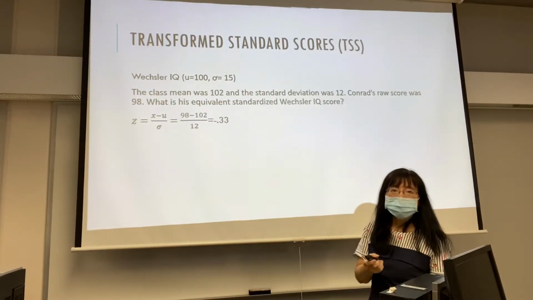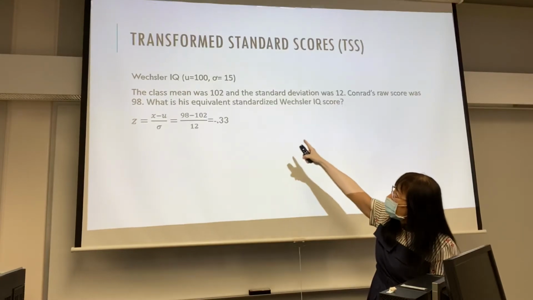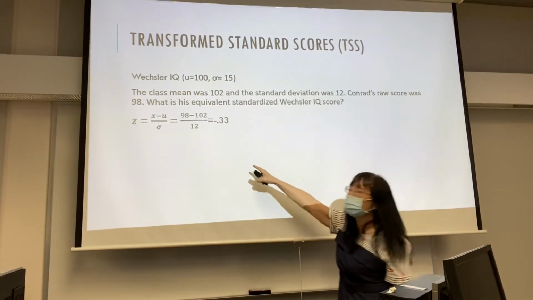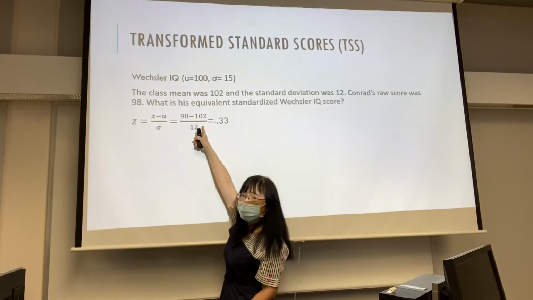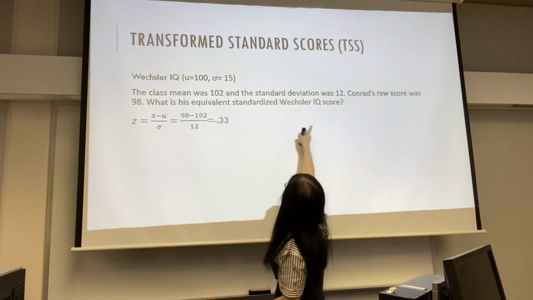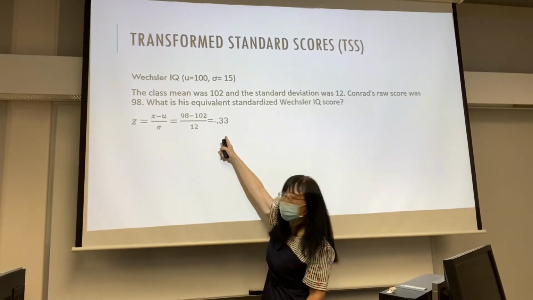First of all, let's calculate our Z-score. Your raw score 98, subtract the mean score 102, divide by standard deviation 12, so you get negative 0.33.